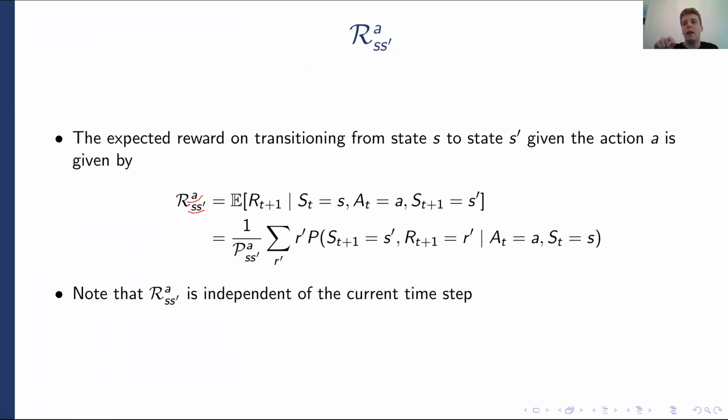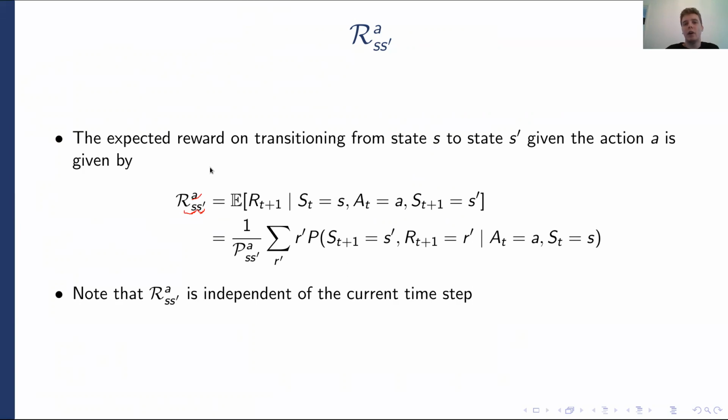R(s,s',a) is the expected reward of having transitioned from state s to state s' through action a. So I have taken action a, that action a took me from state s to state s'. What's the reward that I should expect having seen this transition from s to s' using a? That's what R(s,s',a) denotes.